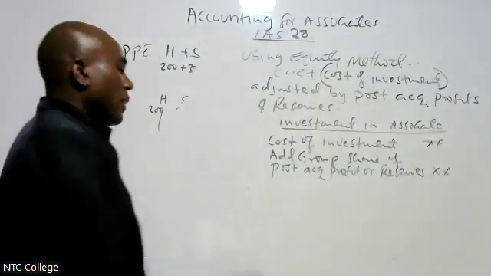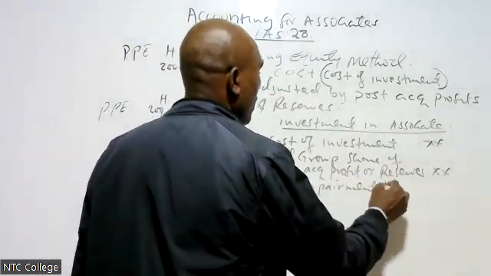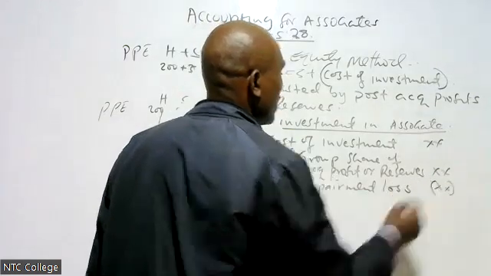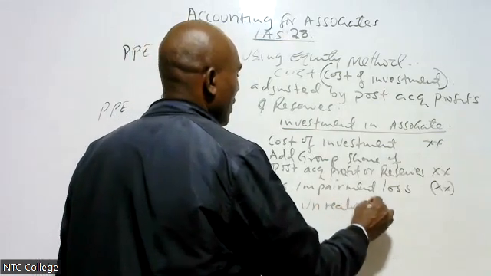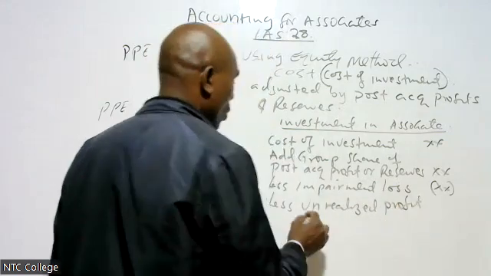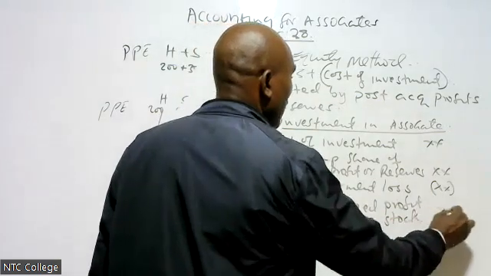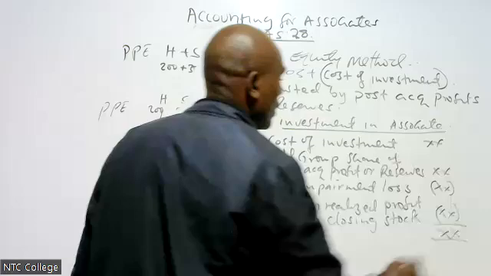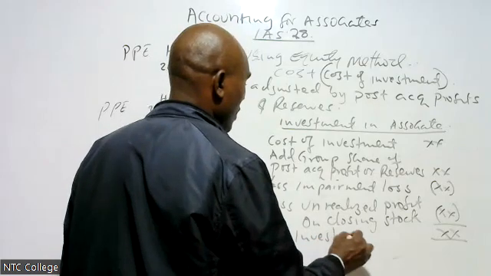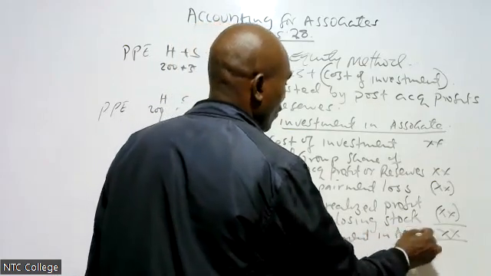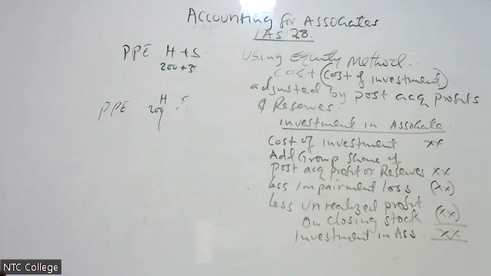Then I less impairment loss in that associate, if there is any. I also less unrealized profit on closing stock. Then I get the investment in associate. That is how we recognize an associate in our group financial statements.